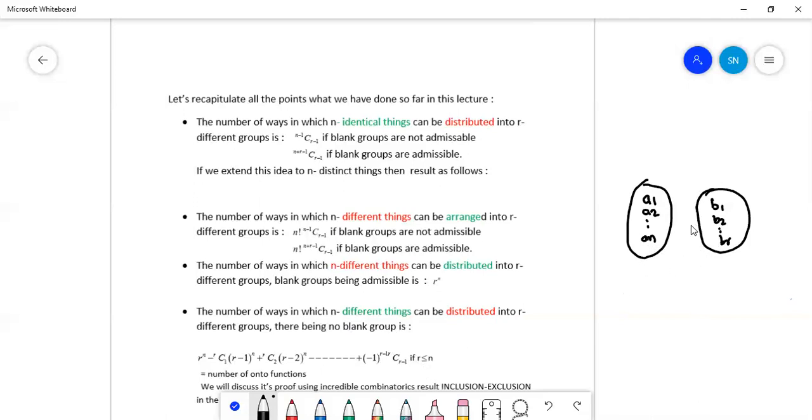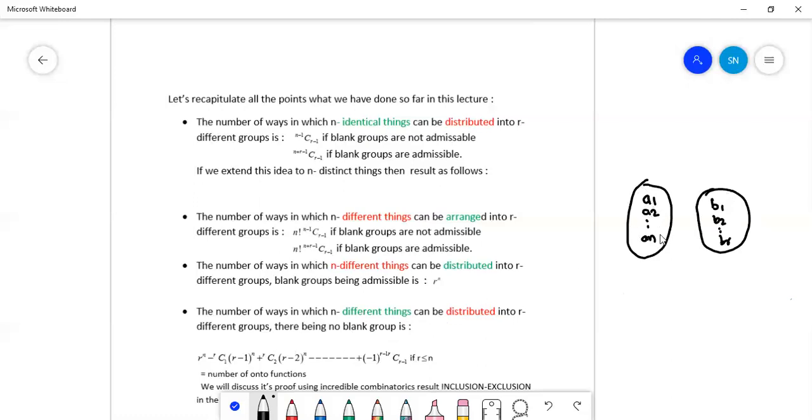So in that particular case, all elements of B must be mapped with the elements of A. Then that concept can be related with our last case. So that is nothing but an onto function. So what is the last one? Number of ways in which n different things can be distributed into r different groups, there being no blank group.